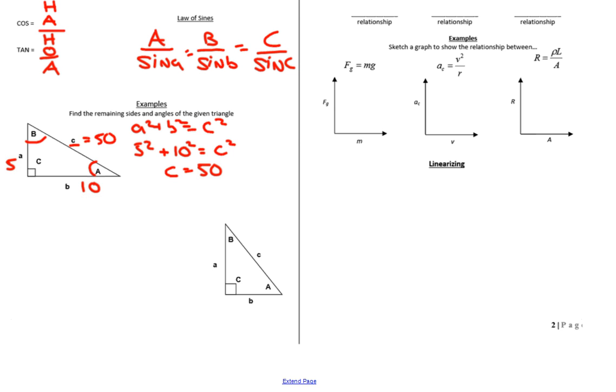Now in order to find A and B, you could pick either one. I'm going to choose angle A and use the sine function. So sine of A equals 5 over 50. If you remember from math class, in order to undo sine, you multiply both sides by inverse sine.